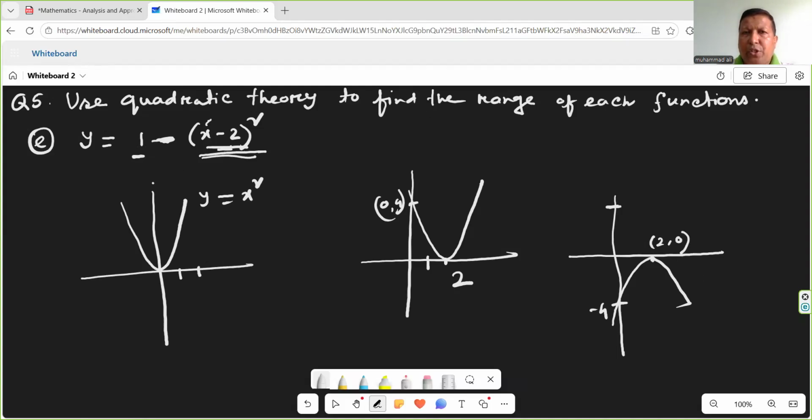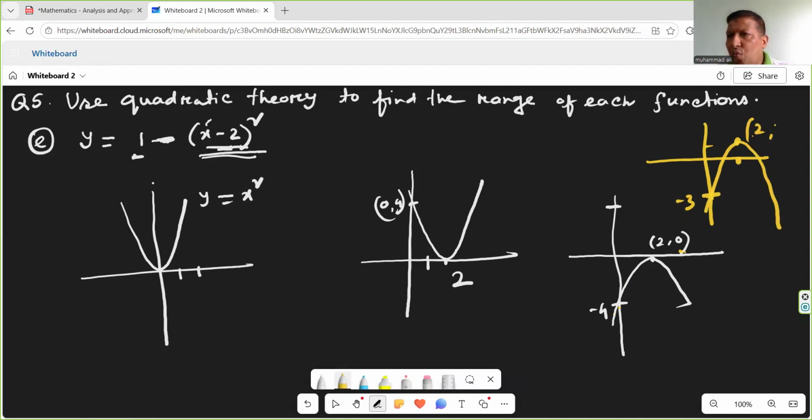Now, as we want to add here 1, that means vertical translation by plus 1. So the curve will go upper side, like here. The y value is minus 4. So y value minus 4 plus 1 is minus 3. And here y value is 0. So 0 plus 1 is 1. That is, curve highest value will be 2, 1. Highest value of y is 1.